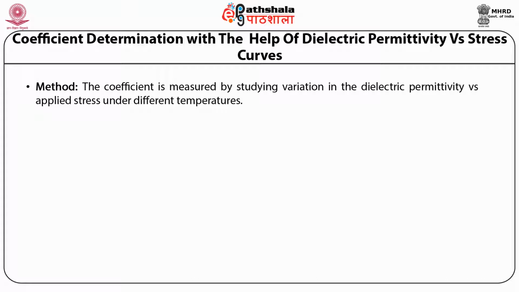And here chi_kl represents the inverse dielectric permittivity. So this was about the method.